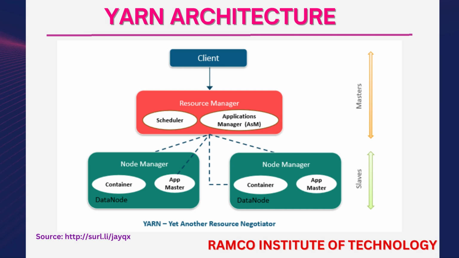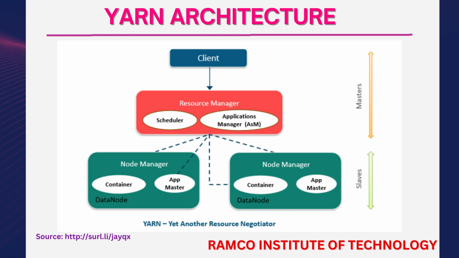So what about the application master? Each application master requests the resources from the resource manager and then works along with the containers that are provided by the node manager. So the application master acts as an interface between the resource manager and the node manager.